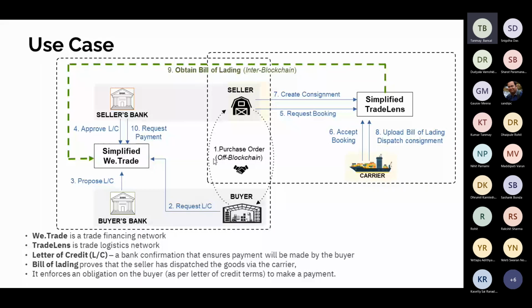The buyer's bank, say a bank in India, knows the buyer and knows they have enough money to pay those 1 million Australian dollars, and it would block that much money from the buyer's account. That is what is called a letter of credit.